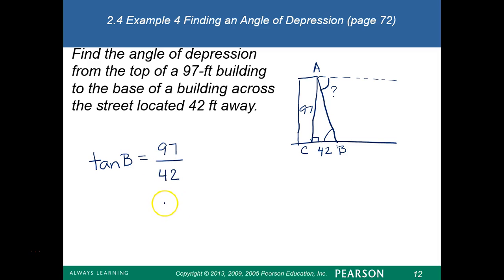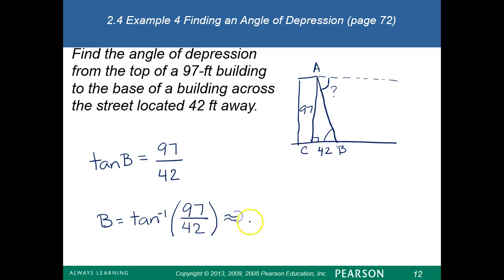Now that we have that, solve for B. When we're solving for an angle, we use our inverse trig functions. So B is equal to tangent inverse of our ratio 97 over 42.